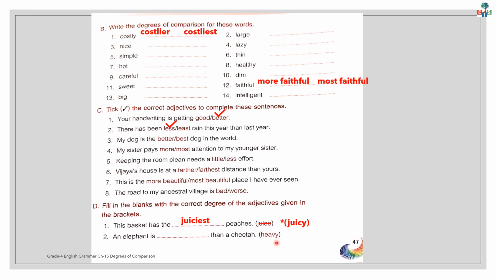You have to drop the letter Y and add IER to form the comparative degree. Heavier. An elephant is heavier than a cheetah. Okay, so there are 10 sentences, 10 blanks given in this exercise. Try to get the correct degree of adjectives. Okay.